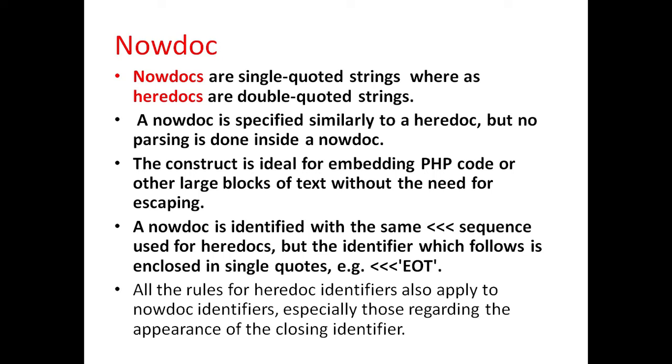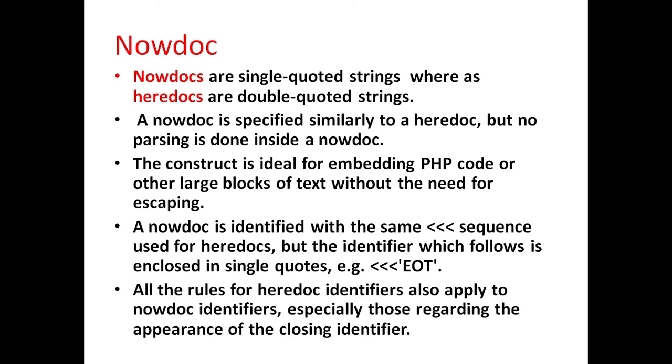A nowdoc is identified with the same sequence used for heredoc, but the identifier which follows is enclosed in single quotes. All the rules for heredoc identifiers also apply to nowdoc identifiers, especially those regarding the appearance of the closing identifier.